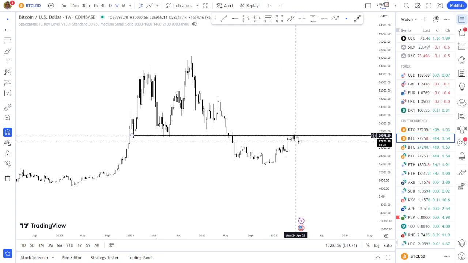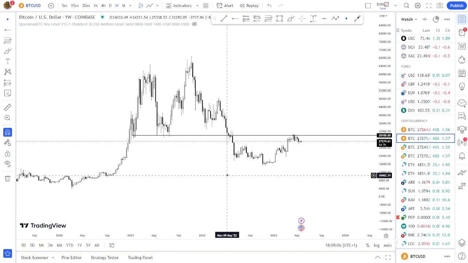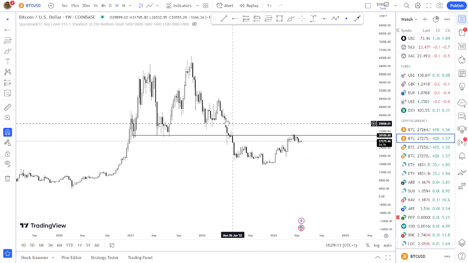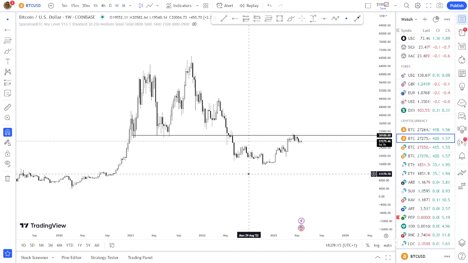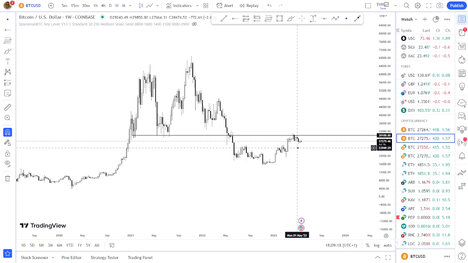The normal law says that once support gets broken, it becomes resistance and vice versa. Once resistance gets broken, it becomes support. So now this has become resistance because price has broken below it, so price is coming back to test it as resistance. Very simple.